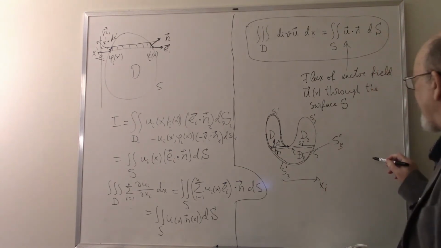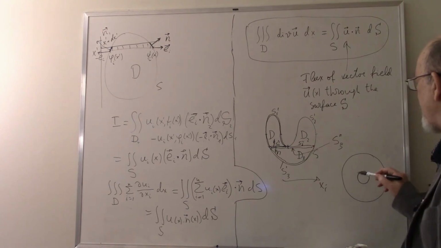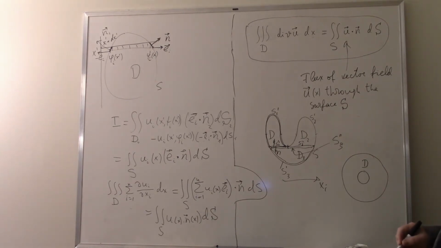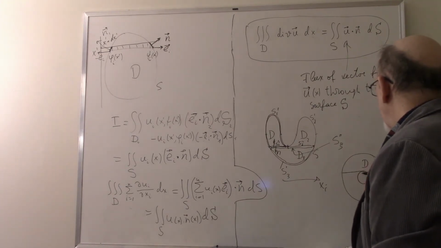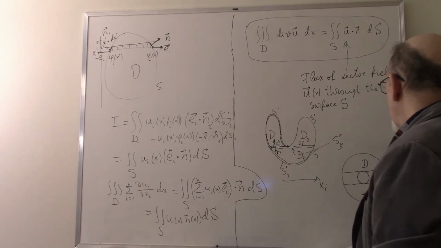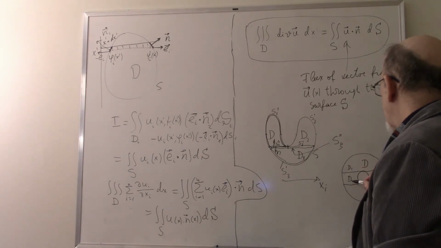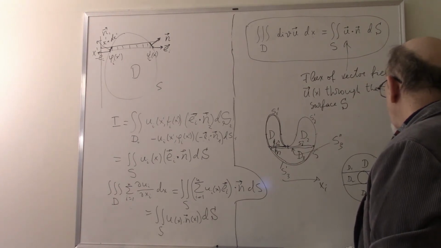Similarly, we can consider a domain like this, which has a cavity inside. So this is our domain D. How can you treat this domain? You cut it into 4 pieces: D1, D2, D3, and D4.